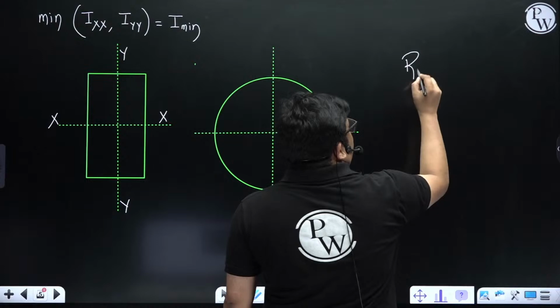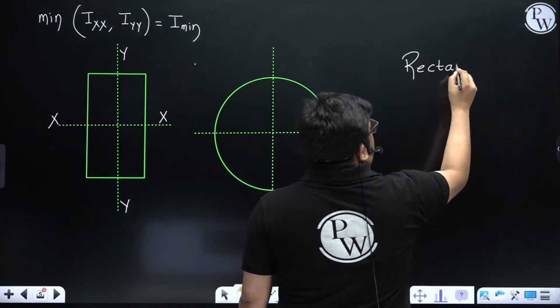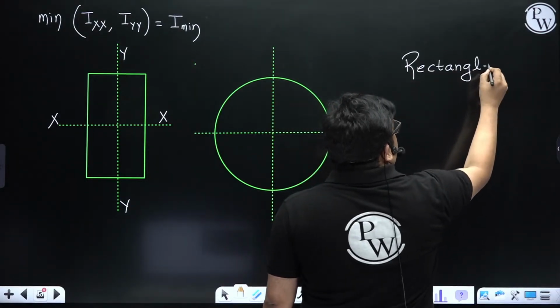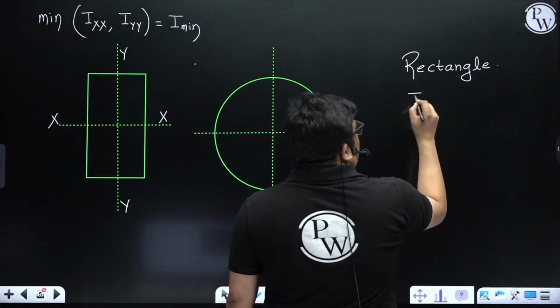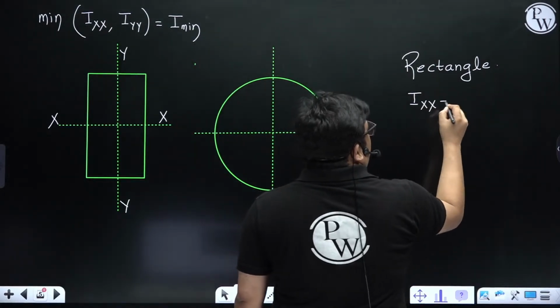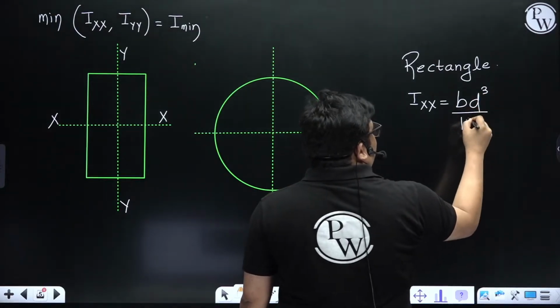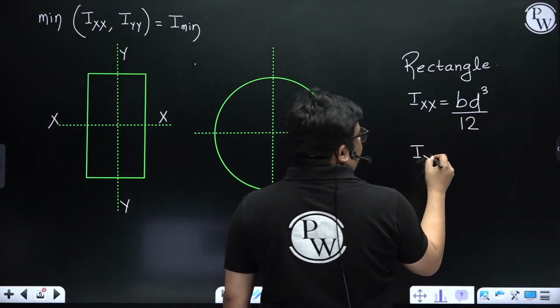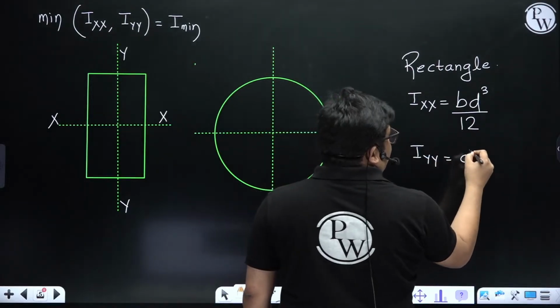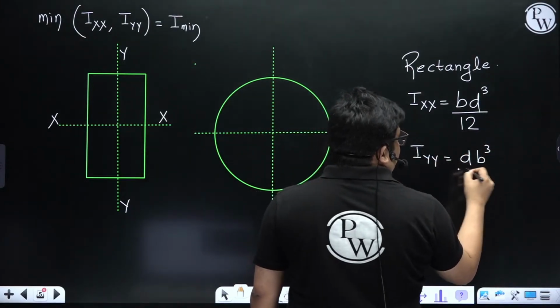So for a rectangle, Ixx will be BD cube by 12, and Iyy will be DB cube by 12.